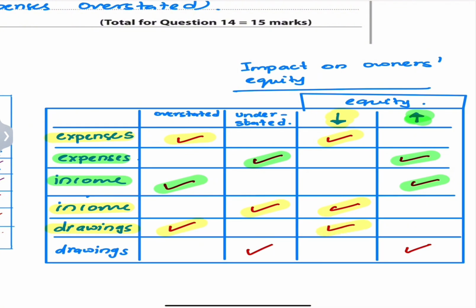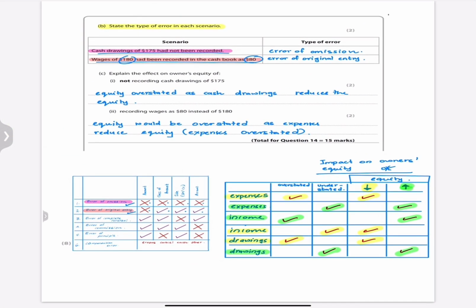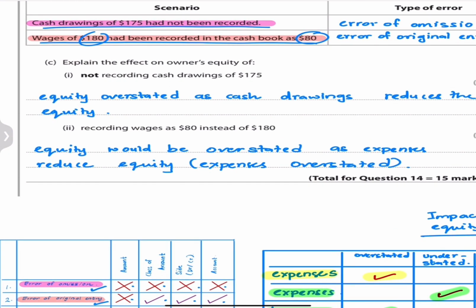Having this table in mind, you can complete the next two questions. Explain the effect on owner's equity of not recording cash drawings 175.